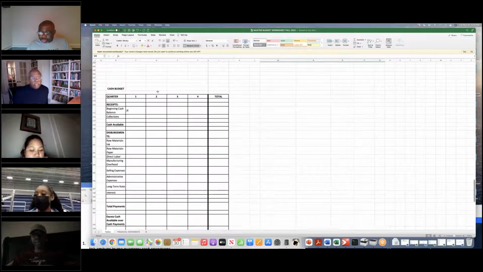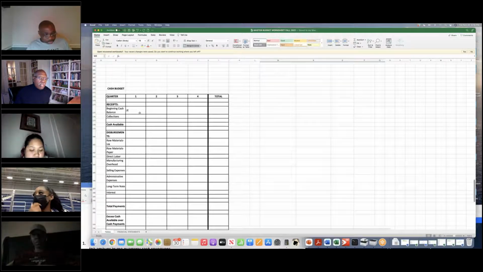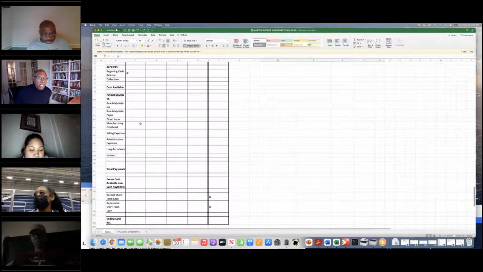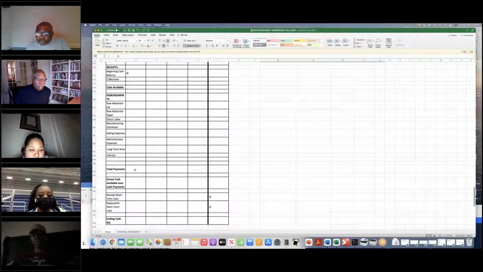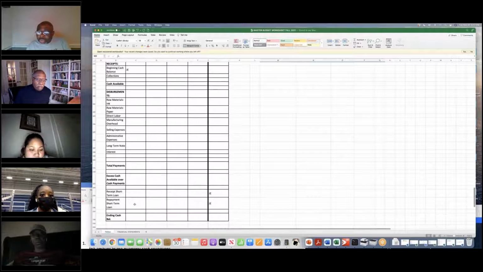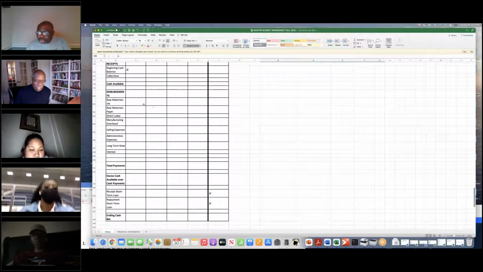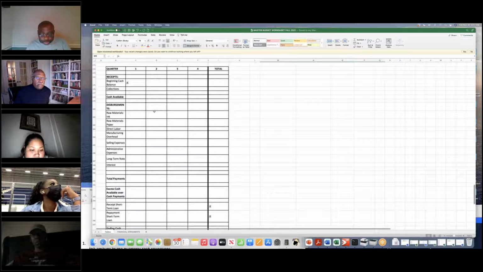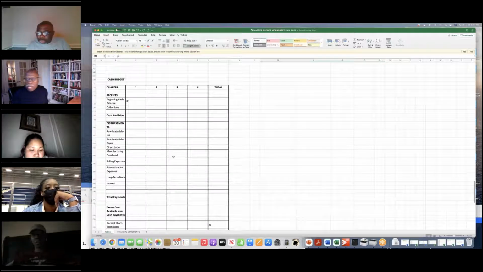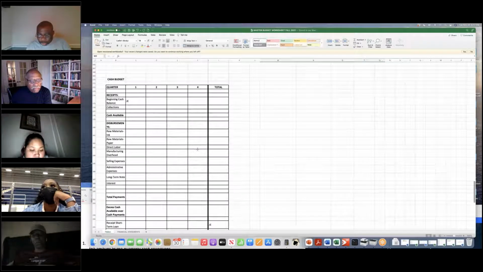What we're trying to do is go through all of the receipts and all of the expenditures, and see if we have cash available or if we have cash payments to make. If we don't have enough cash, we have to borrow. So at the end of the day, preparing this cash budget is what we're trying to do.